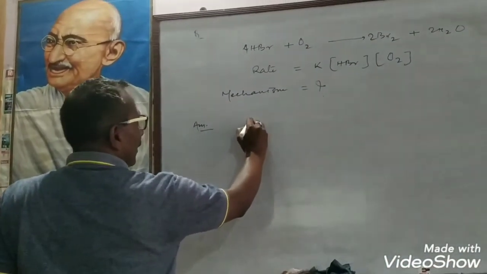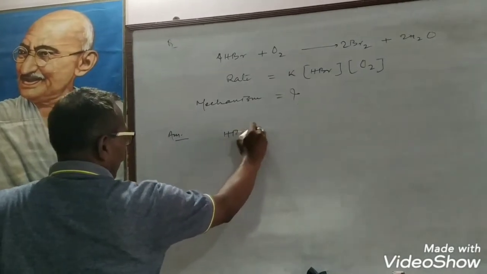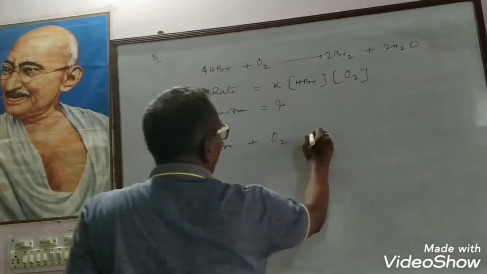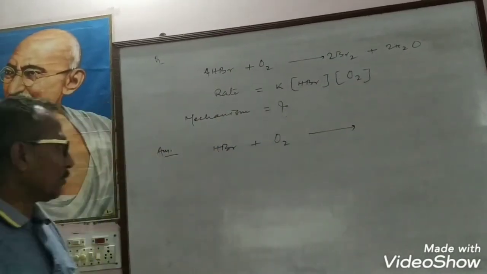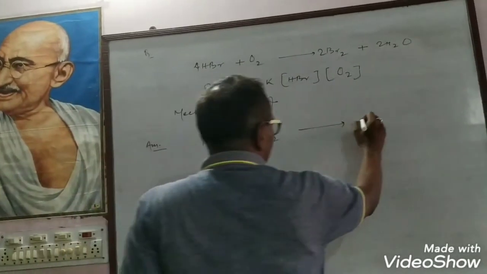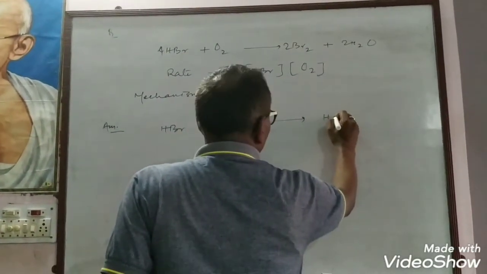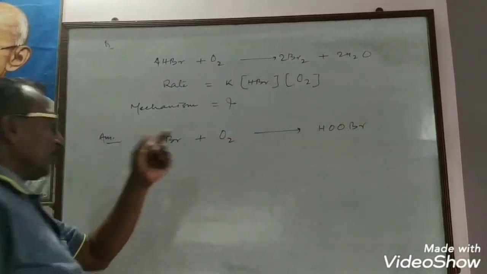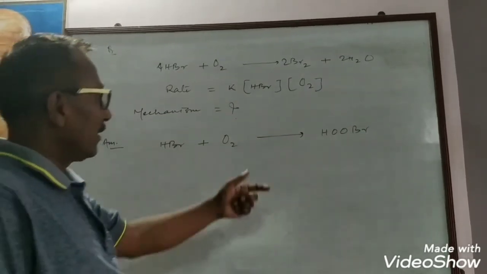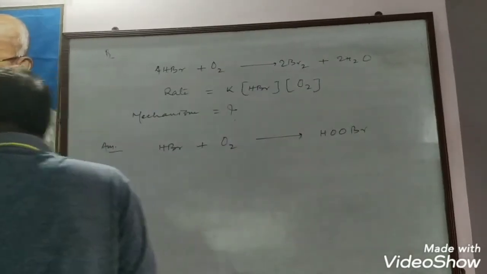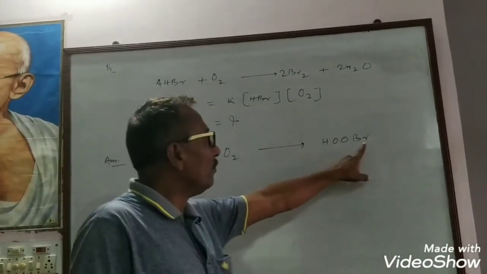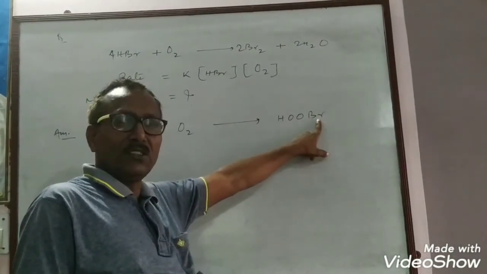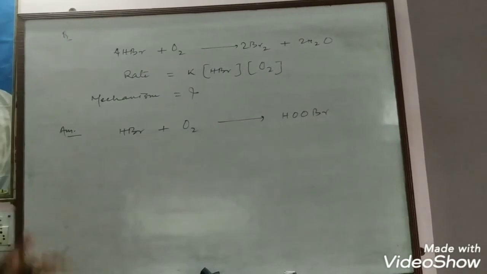In rate law, it is clearly written that 1 mole of HBr and 1 mole of O2 combines together to form HOOBr. HOOBr is the part of peroxide. Hydrogen peroxide is written as HOOH, so in place of H it is Br. So this is in the peroxide form.